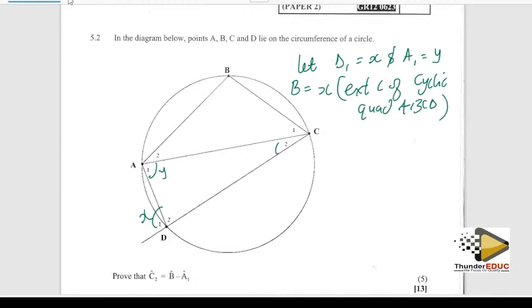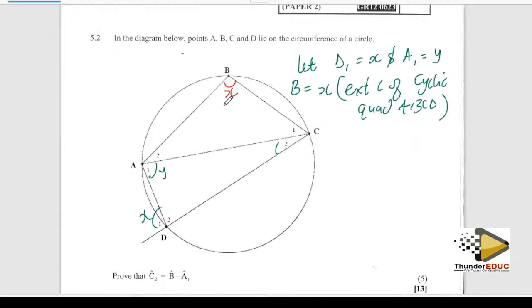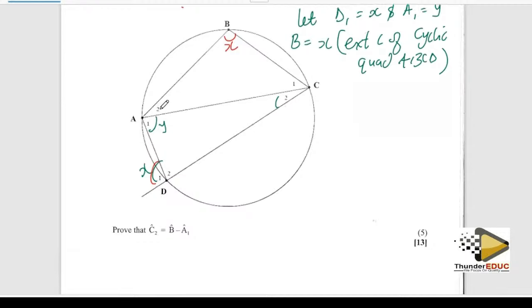So calling this X, this is the same as that. Then if that is true, I can try to find D2. D2 is going to be 180 minus X. Either angles on a line or opposite angles of the cyclic quadrilateral.